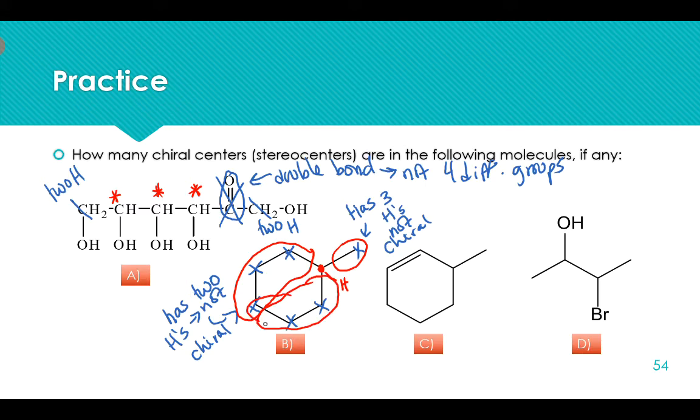And really, how you differentiate those is kind of irrelevant, because this is symmetrical. And so this group and that group are the same. And so this is not chiral either, because that group and this group are identical.